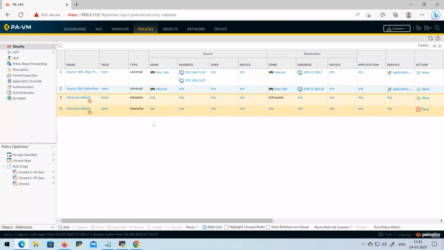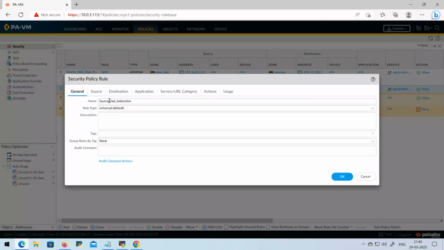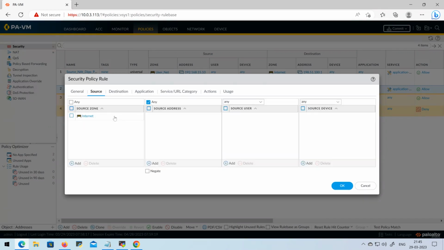Before commit, let's go to our security policy. This also needs to be understood. Guys, please everyone get involved, then only will you enjoy this, otherwise it will be quite boring.